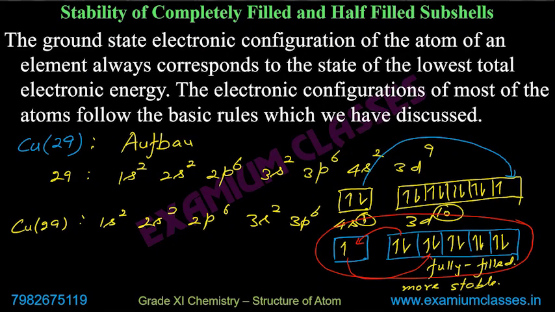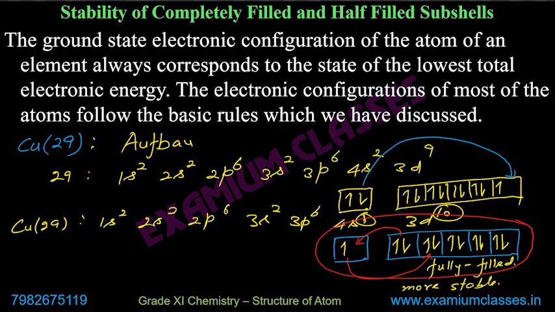Having said that, not too complicated questions will appear from here. This is just one statement you have to remember, rather two, that is the reason for stability of half-filled and fully filled orbitals or subshells. You will give the answer on the basis of 2 points. The first is symmetry leads to stability.